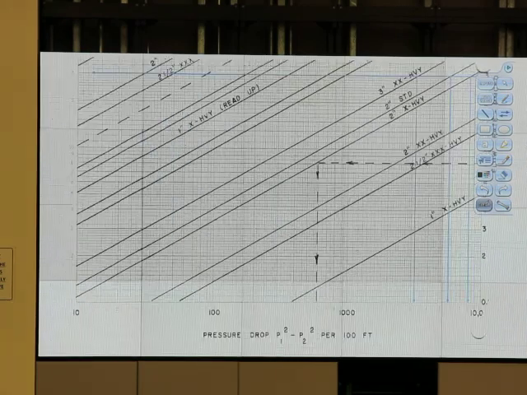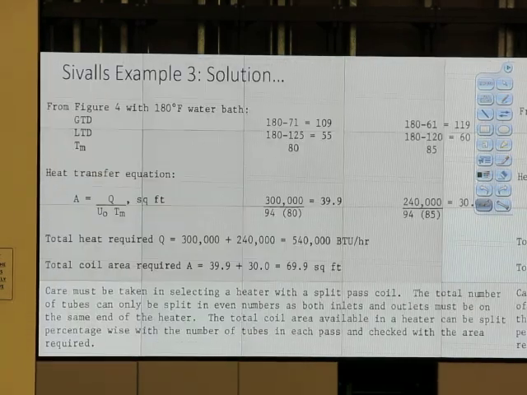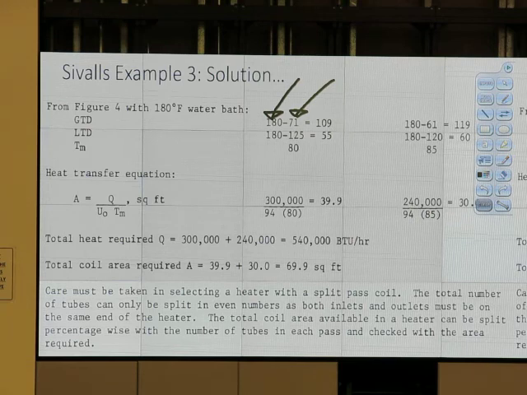Greatest difference. So we need to know, okay, bath temperature, right? At the inlet, gas has a temperature of 71. After we heat it, it becomes 125. So LMTD is that much. So when we have this, have that, then we can calculate it. Good?